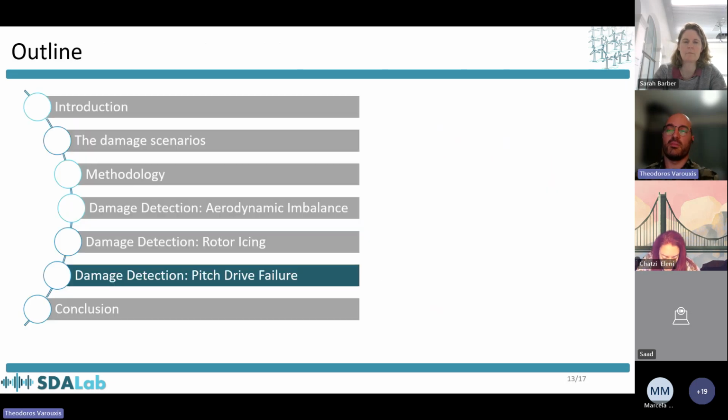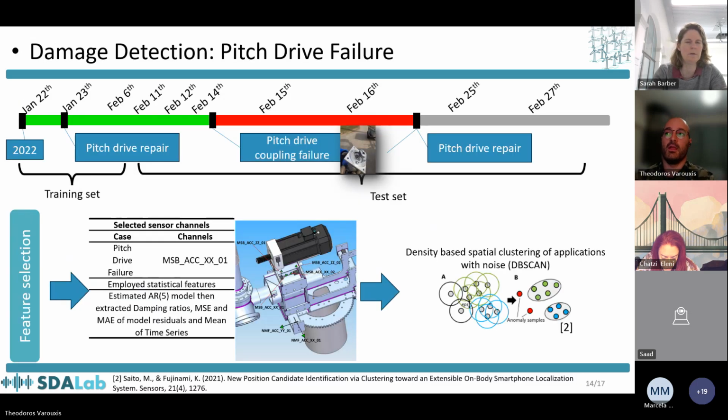And finally, for the pitch drive failure, the pitch drive failure was not as straightforward as the previous two cases because you'd have more than two health states. And we've taken the following assumption. The 2 days before the pitch drive repair and before the turbine stopped operating are considered to be corresponding to the damage state.